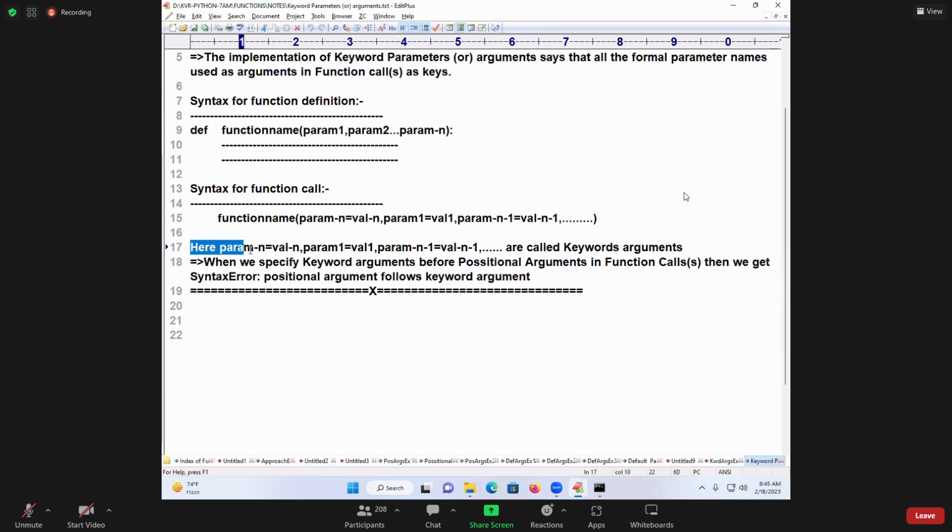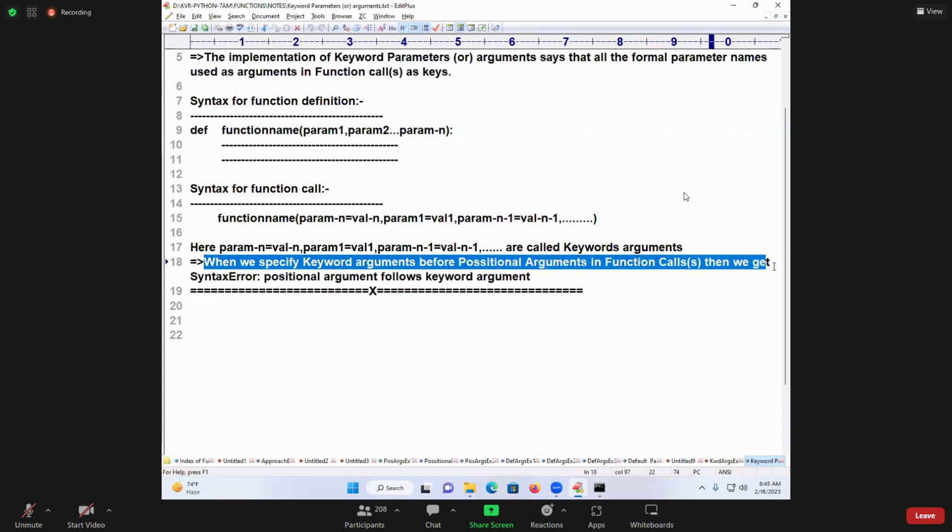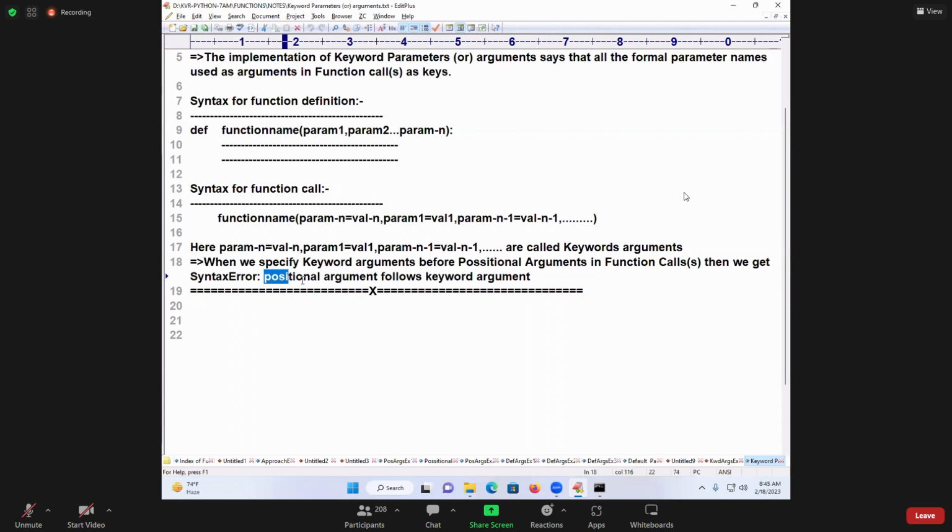Yes. Here param n and all those are called keyword arguments. There is a rule: when we specify keyword arguments before positional arguments in function calls, then we get a syntax error, positional argument follows keyword argument. What you have seen, the same thing is there in the documentation part.